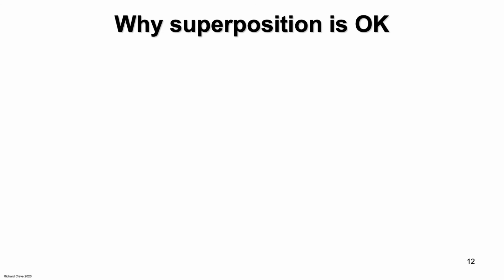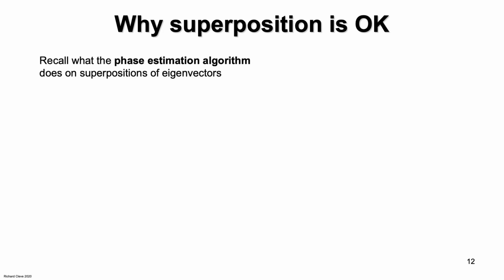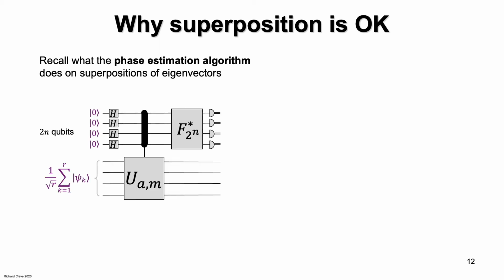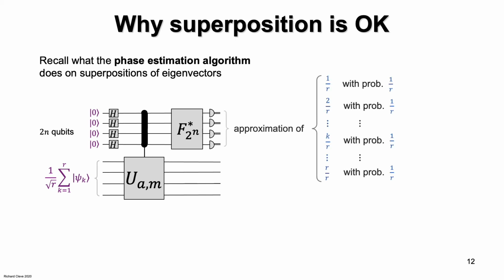How do we use the superposition? Remember at the end of lecture 10 on phase estimation, I discussed what happens if the target is in a superposition of eigenvectors? In that case, the outcome is an approximation of the phase of a random eigenvector of the superposition, with probability the amplitude squared.